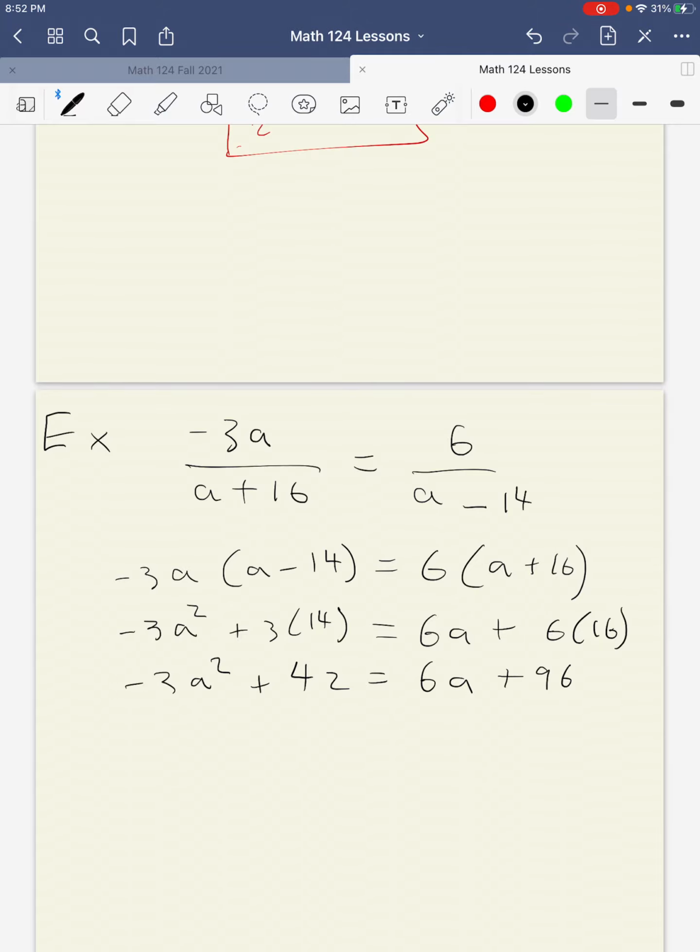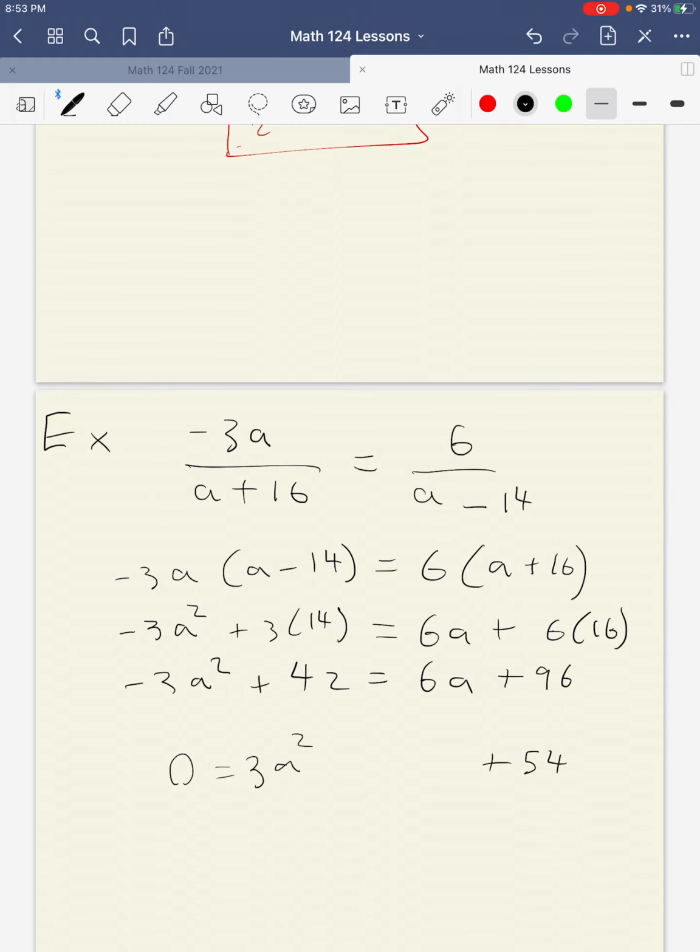Okay. And now let's just combine like terms. I'll put everything on the right hand side. So 96 minus the 42 would give us 54.